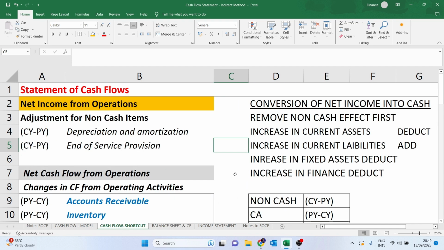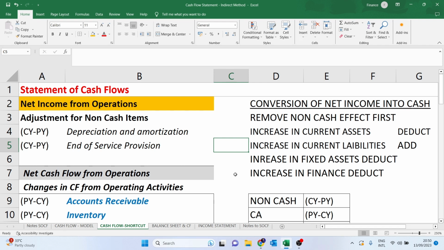So the preparation of the statement of cash flows, in my words, is just the conversion of our net income into cash. Because we need to know how we prepared our net income. There are accruals, there are non-cash items, there are a lot of other expenses entered into the net income.